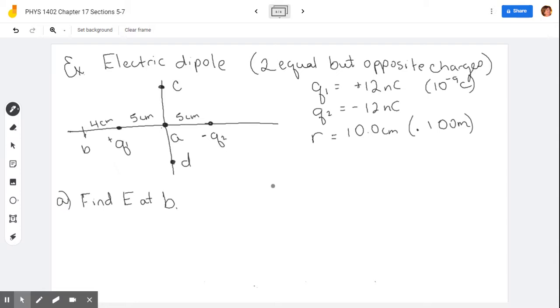So for charge 1, the electric field is kQ over r squared. Sorry, I'm getting a little crooked.